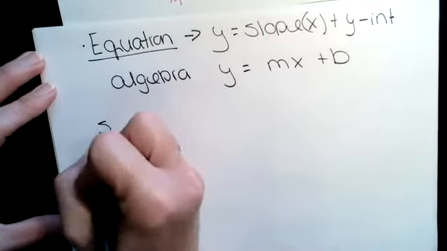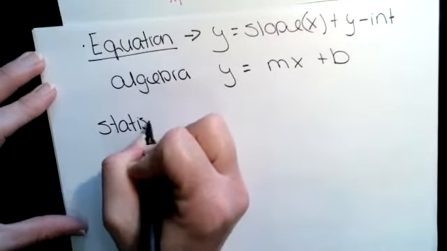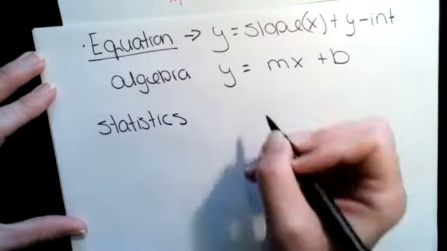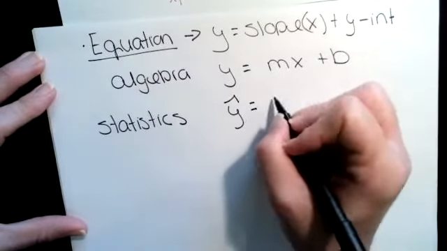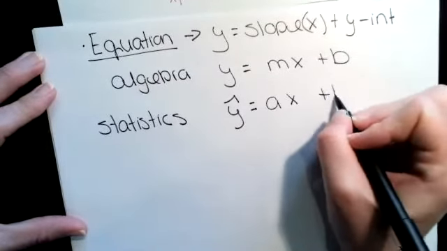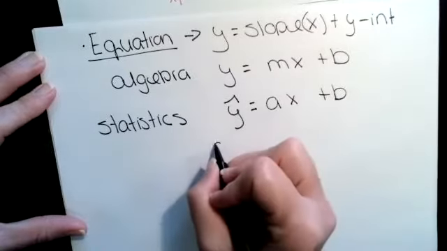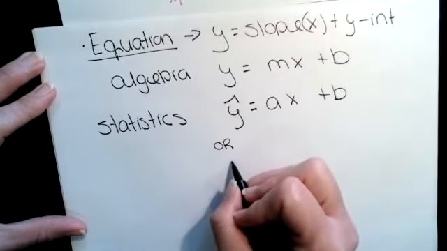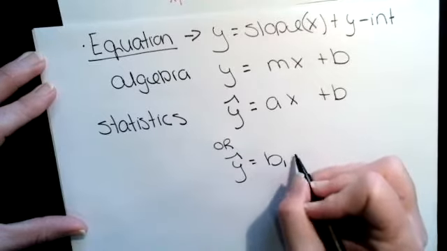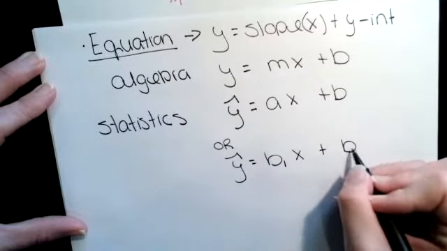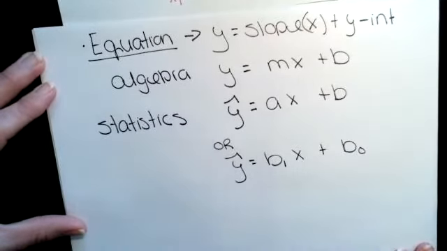And now in statistics, we're looking at y hat is equal to ax plus b, or we may see it as y hat is equal to b1x plus b naught. Okay.